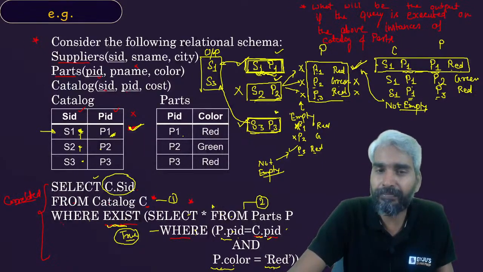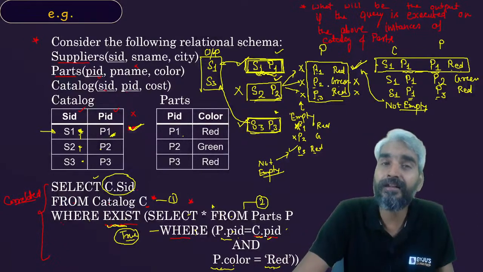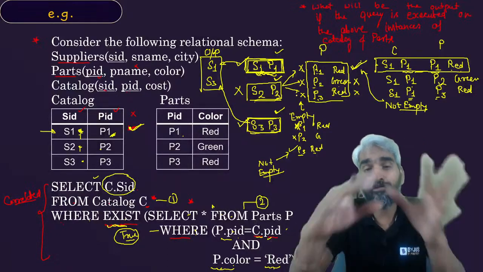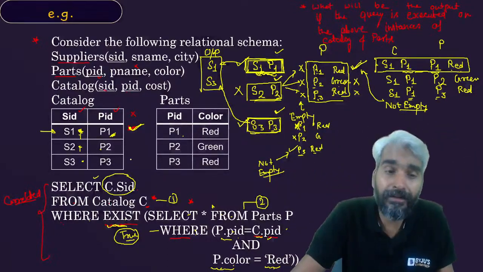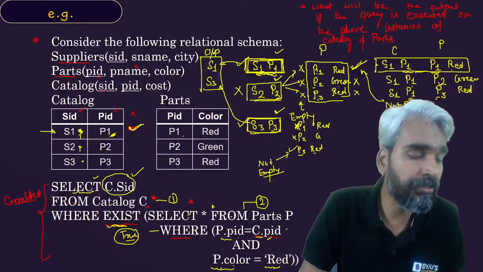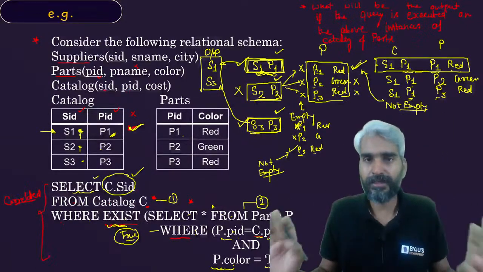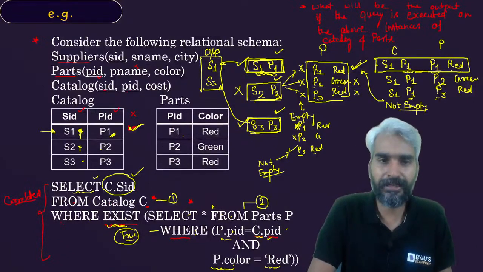For the next tuple of the outer relation, you again process the complete inner relation. From those chosen tuples, whatever is selected using the SELECT clause will be projected. I hope this is clear to everybody.